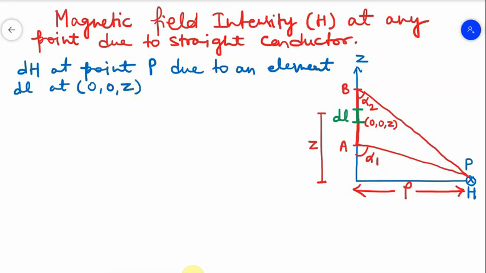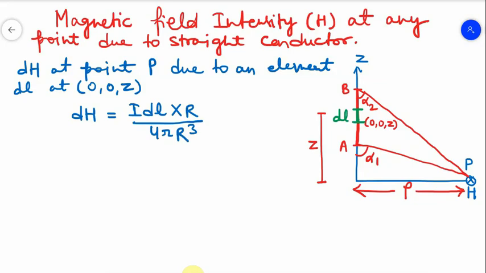So (0, 0, z) is the coordinate of this differential element dl. Now this dH, according to the formula, will be what? It is I dl cross this R vector upon 4 pi R cube.